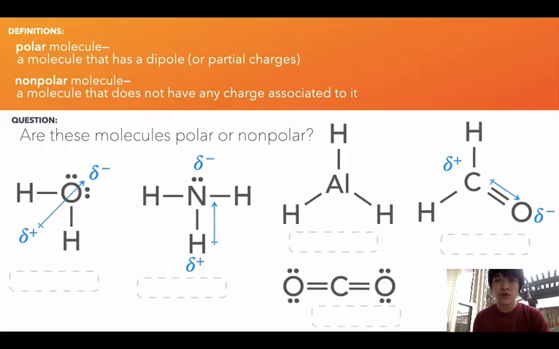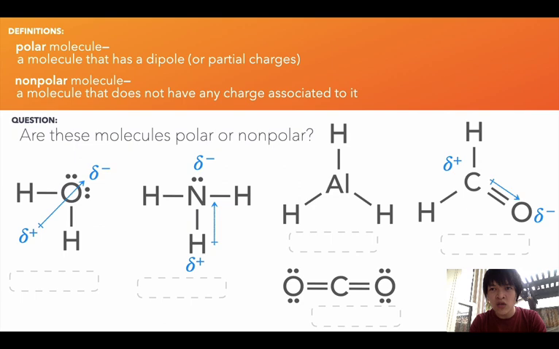We just need to go over two more vocab words now, which is easy. Polar molecules are molecules that have a dipole or partial charges, while nonpolar molecules are molecules that don't have any charge. Okay, so I've got a question for you. Look at these same molecules below that we already touched upon.